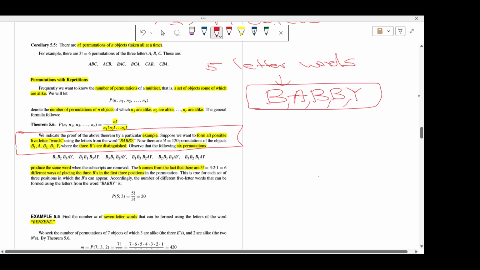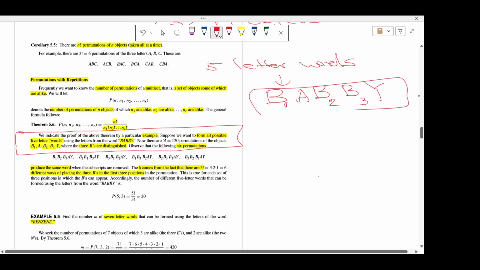Now, let's say we take this as B1. We can separately indicate this as B1, then A, then this is the second B, B2, and this is the third B, B3, and this is Y. Now just think these are the five letters, with B1, B2, B3 separate.